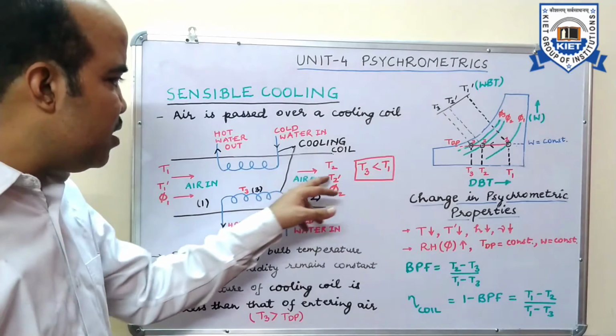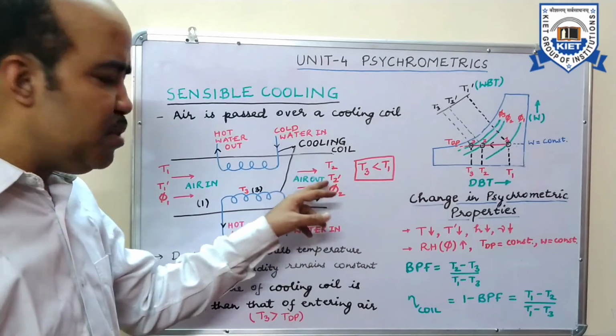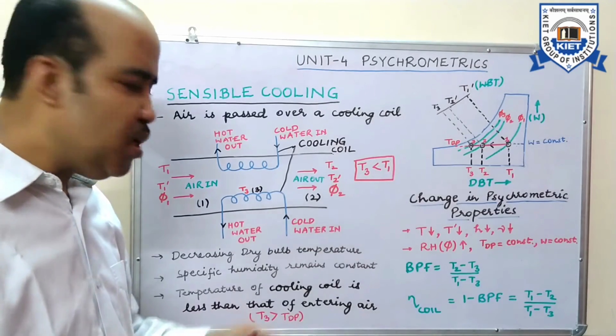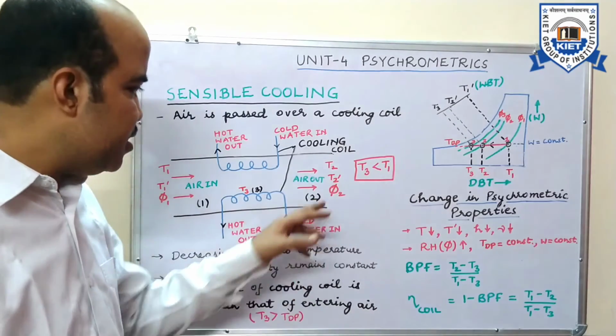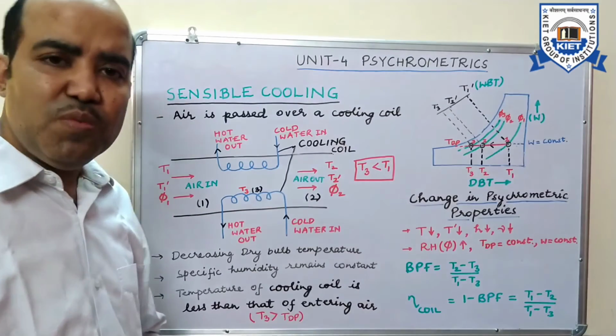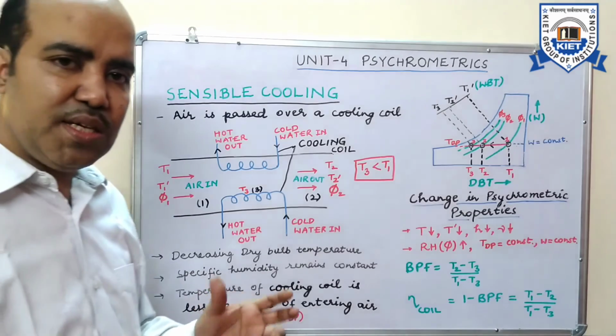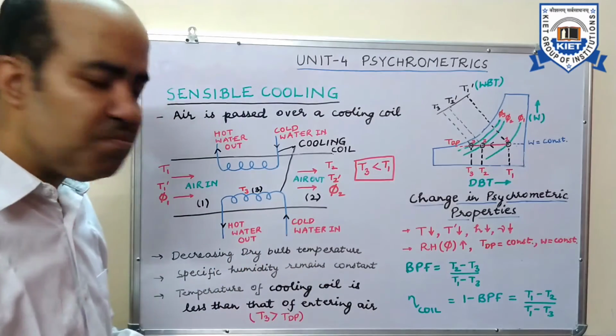The dry bulb temperature is T2, the wet bulb temperature of the air going out is T2 dash, and the relative humidity of the air going out is phi 2. Air, what I mean in this case, is the moisture only.